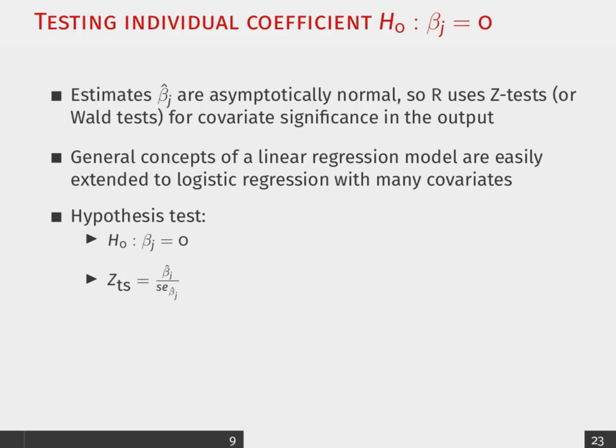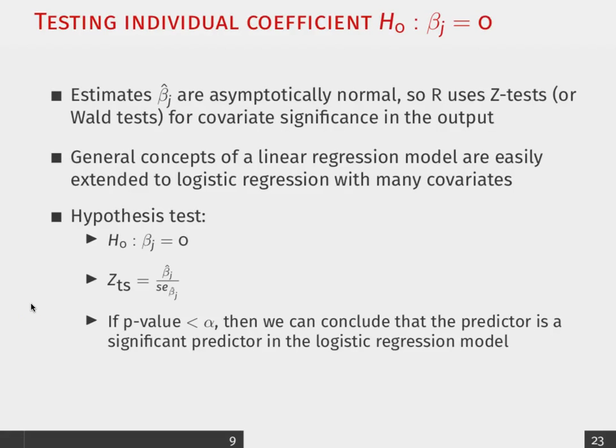To construct that z score, our test statistic, right, we're interested in the difference between the estimated coefficient and what we think that coefficient is. So that's just beta j minus 0. So that's why we just have the beta j here. And that's over the standard error of the estimated coefficient, right?